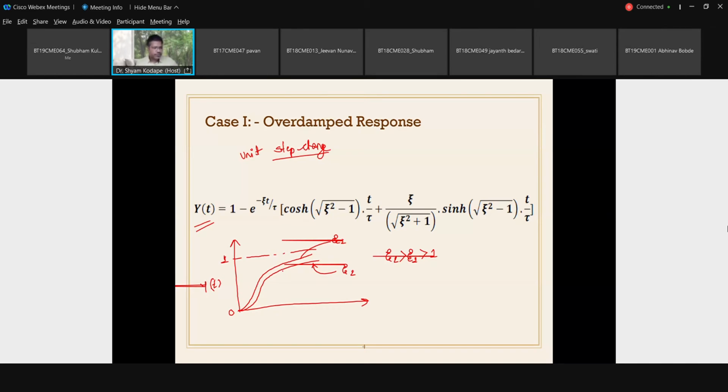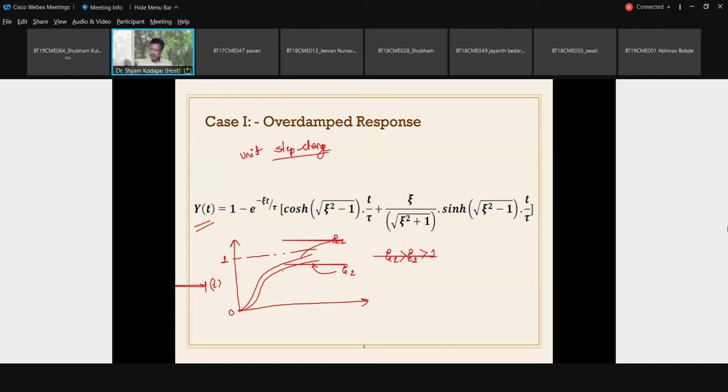The overdamped response resembles a little the response of first order systems in series to a unit step change. But compared to the first order response, notice that the system initially delays to respond and then its response is rather sluggish. It becomes more sluggish as xi increases, or heavily overdamped.